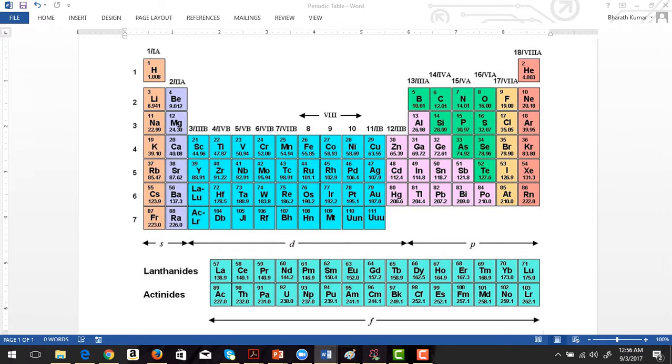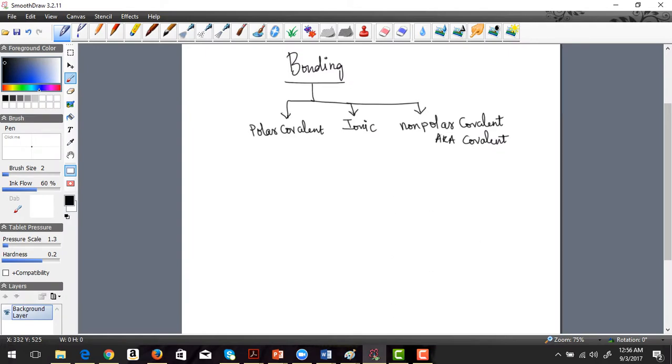Good. Now before we go to bonding, there are 2 types of electrons you need to know. The first one is bonding electrons. You can guess from its name, it's involved in the bonding process, that is, they're part of the bond itself. And then there are non-bonding electrons.